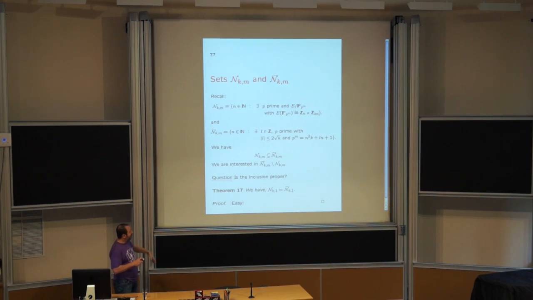And we want to know whether this difference is large, maybe empty. And actually, we know that when m is 1, when we work over prime fields, these sets are the same. And again, it's another formulation of what I said, this lemma 6, the characterization of n, k, and l, is an if and only if statement if you work over prime fields. This means that these sets are the same.